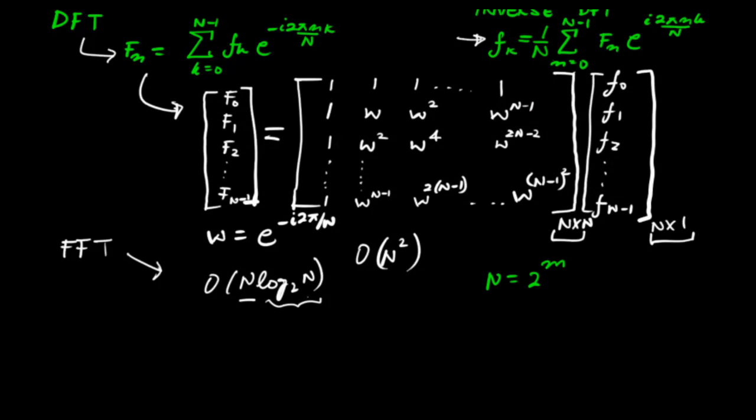To understand the speed up offered by FFT, consider that we have n equals 1024, that is 2 raised to power 10.